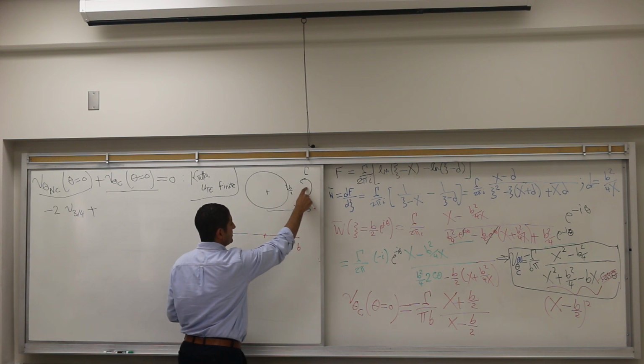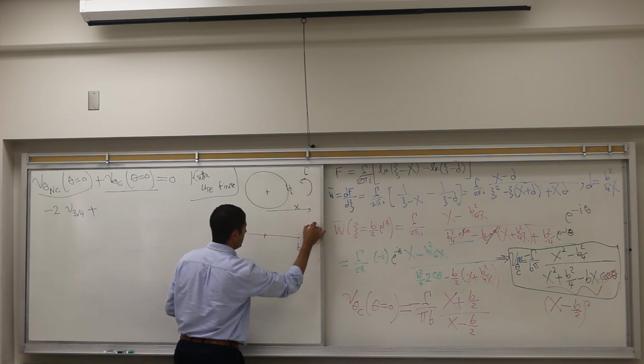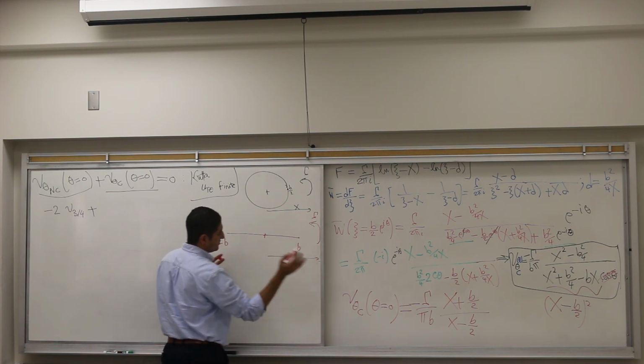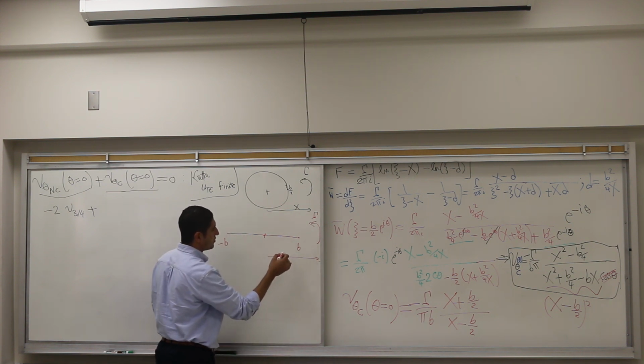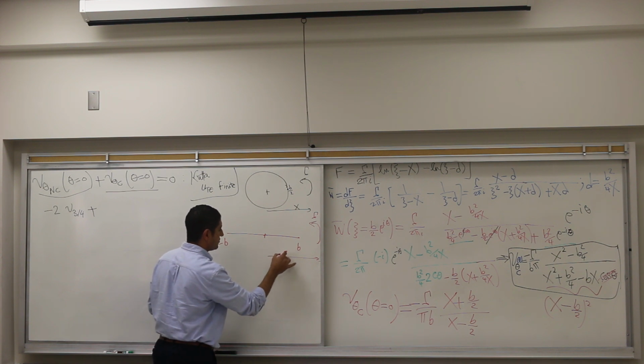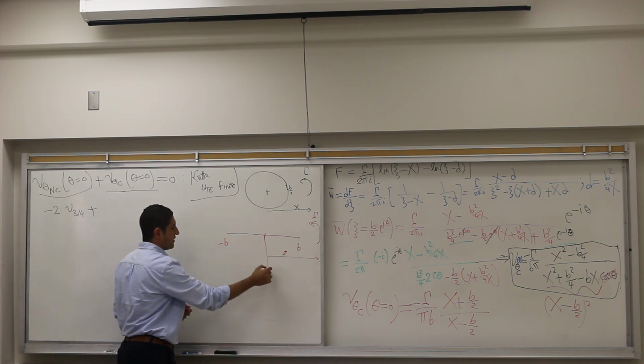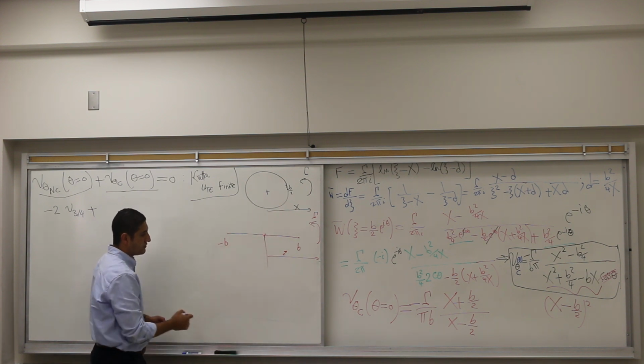And the location of this guy will be somewhere here at a distance, whatever, we should call it little x, but just to differentiate, I'll call it z, okay? So z is supposed to be x plus iy, here it's just x because y is 0.